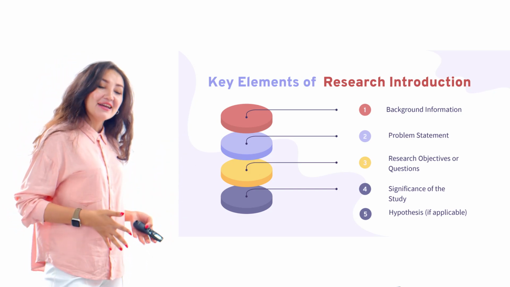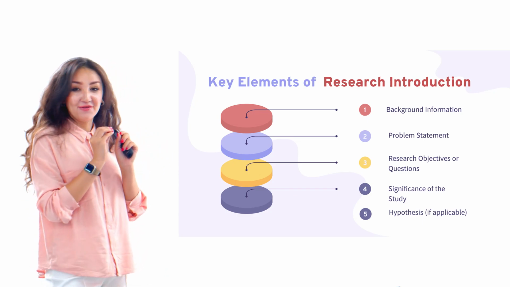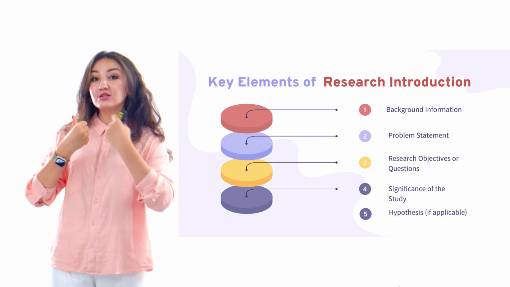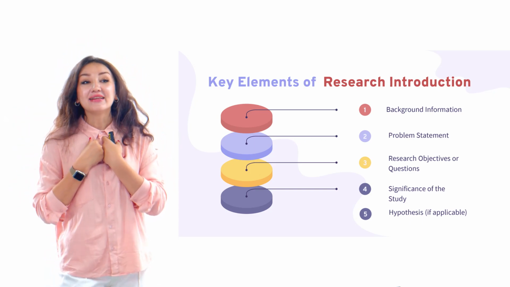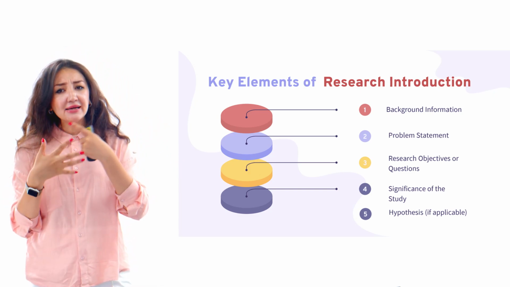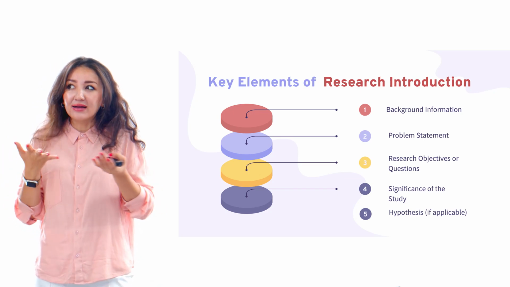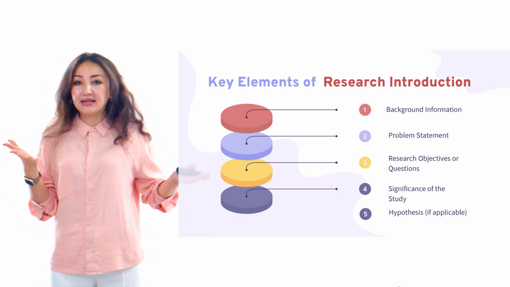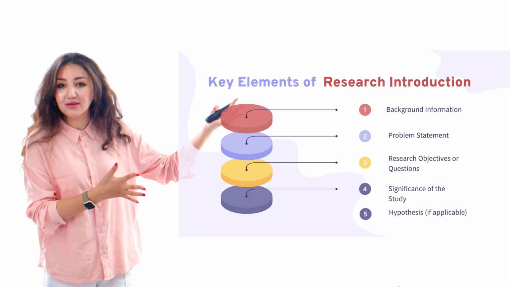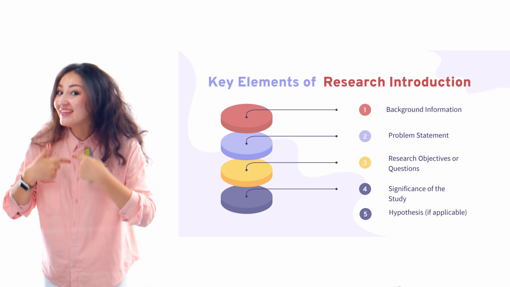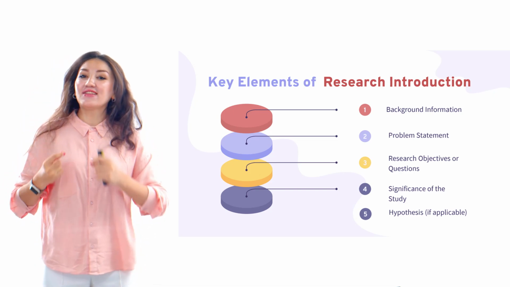The next one, what is the main part for all of you to do your research? That's the problem. The problem urges us to do the research, right? In a problem statement, you have to clearly define 2, maximum 3 problems that are happening. For example, for the case of Tashkent, environmental issues, right? What's happening that actually urges us to do more quality research on how to save our environment.